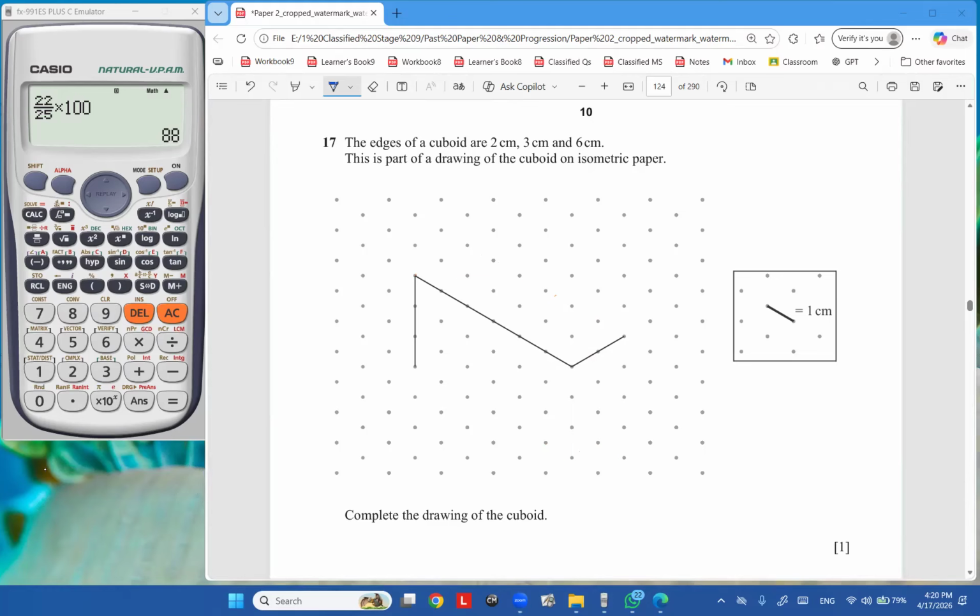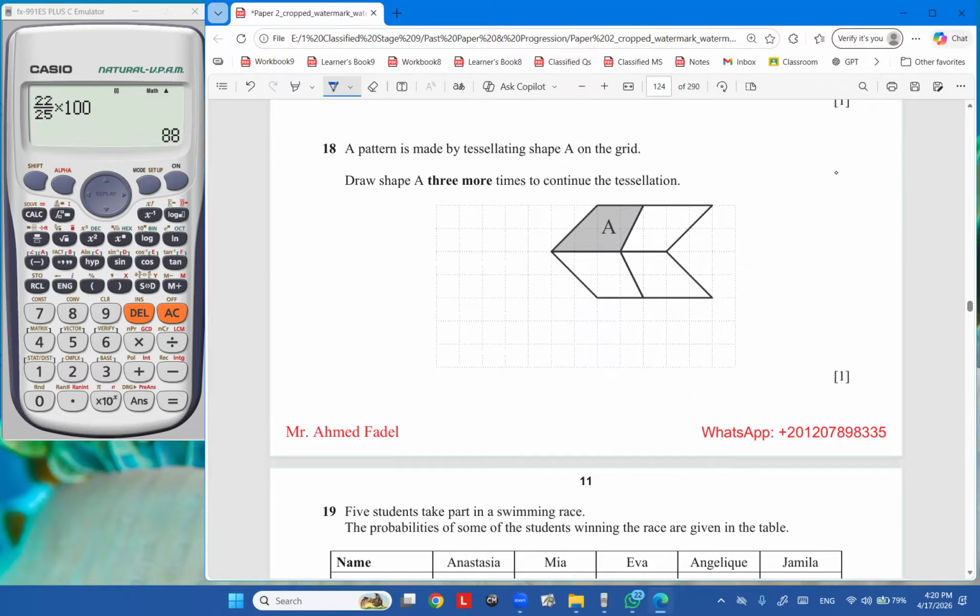Let's continue. A pattern is made by tessellating a shape A on the grid. Tessellation, as we agreed before, is the process of repeating a shape right next to each other without overlapping, without a gap. So I'm going to draw the same thing as this one, but on the other side.